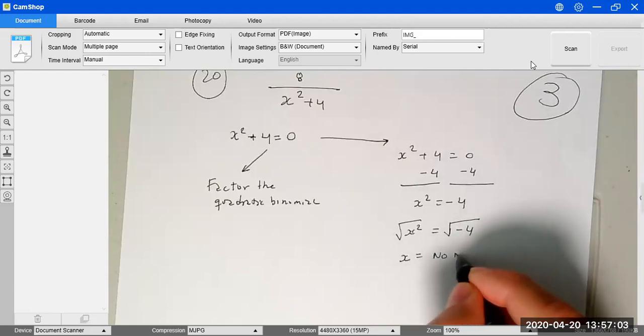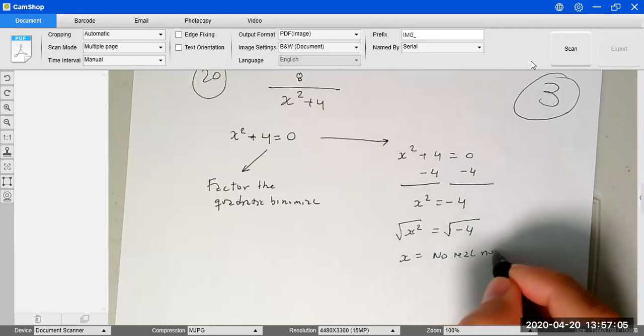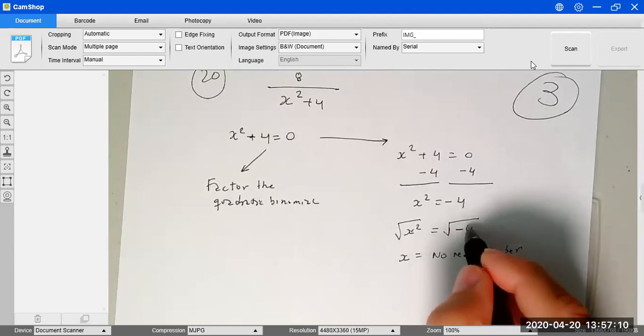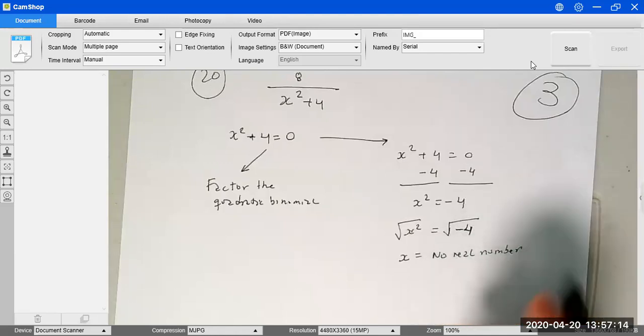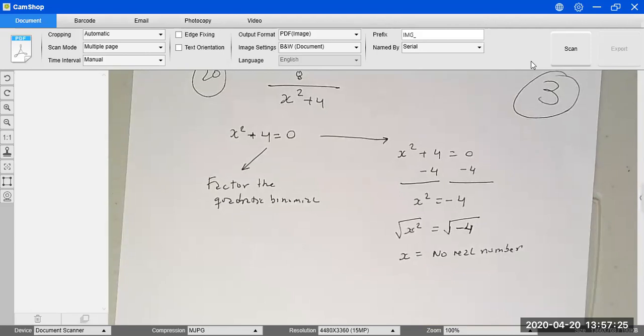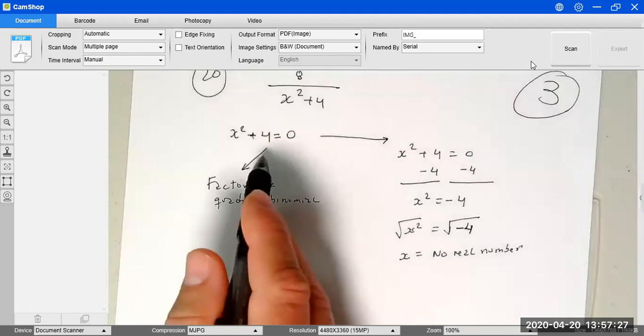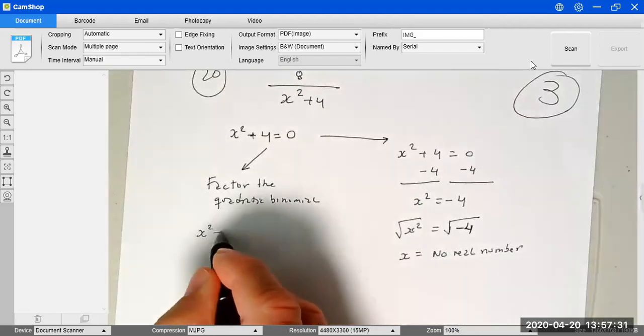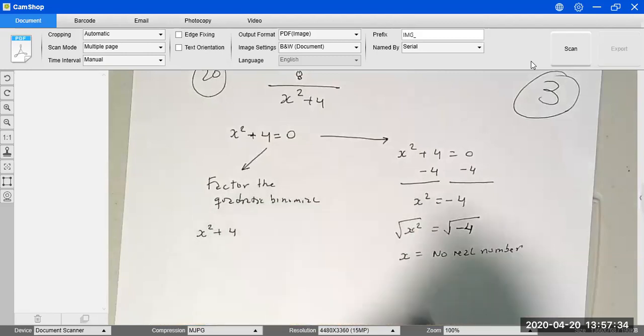You're not going to get a real number. You're going to get something that we call an imaginary number. We're going to see that maybe by the end of the semester, or you might cover this in the next course of algebra. So the other way to solve this is trying to factor this quadratic expression.